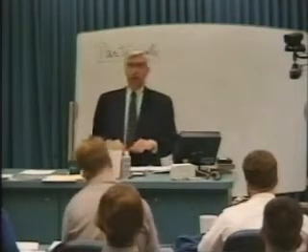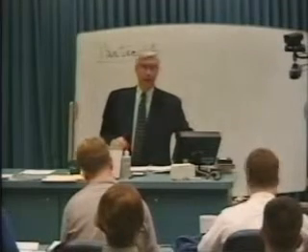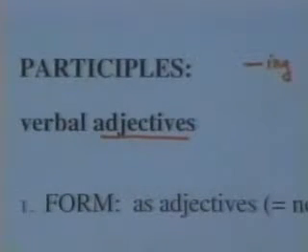And then we have some principles for how they're used that way. Whatever you learned about adjectives, you can now apply to participles, because participles are verbal adjectives. What that means is, first of all, they're going to agree with the nouns they modify in number and gender. That means we have to have a little bit of a handy-dandy chart for participles.